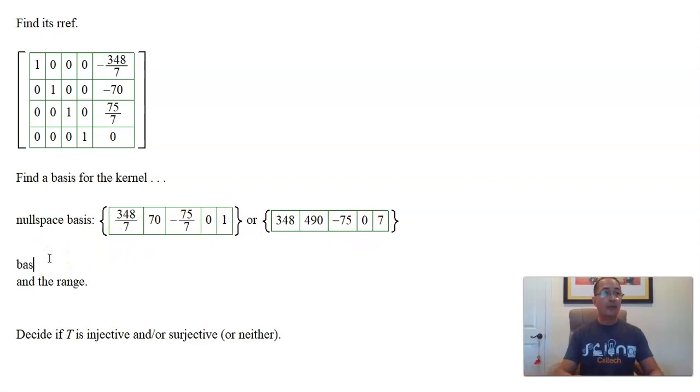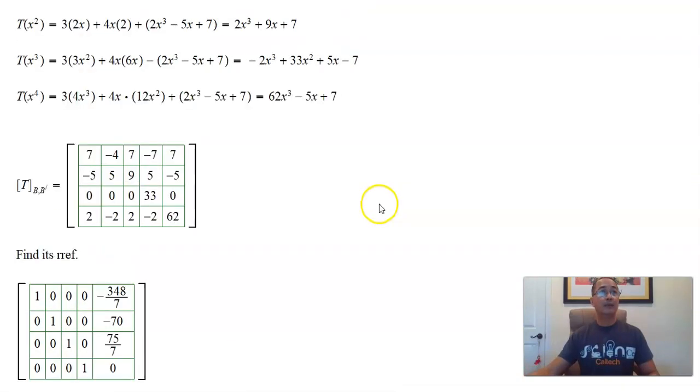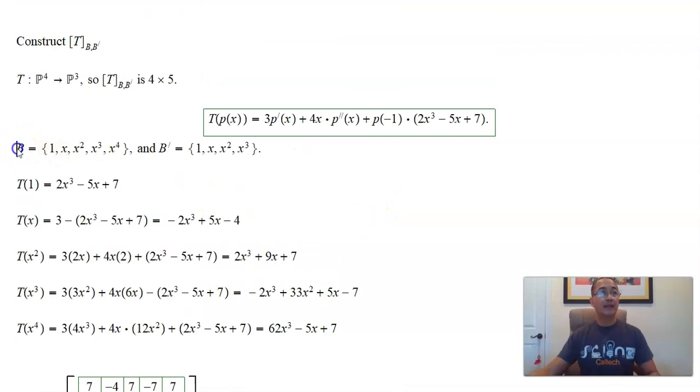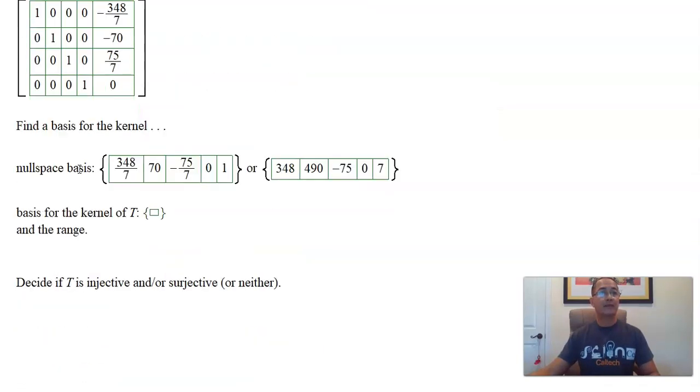Okay. So now we need a basis for the kernel of T. And that would be, we have to decode these coordinates with respect to the basis B for the domain. B is this. Okay.